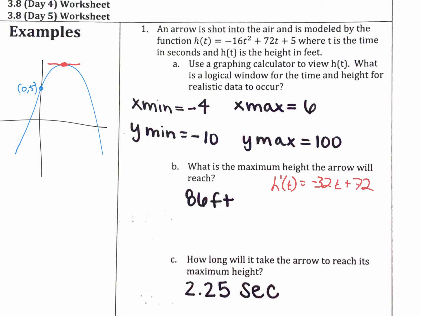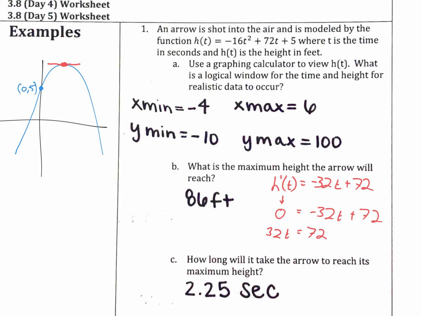Well, if I were to solve that out and set that equal to 0, we would get a t value of 2.25. So if I were to solve this out, let's move the 32t to the other side. I'd get 32t equals 72.